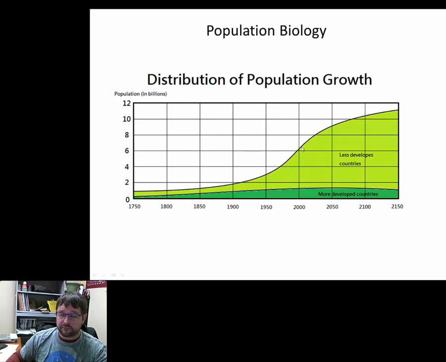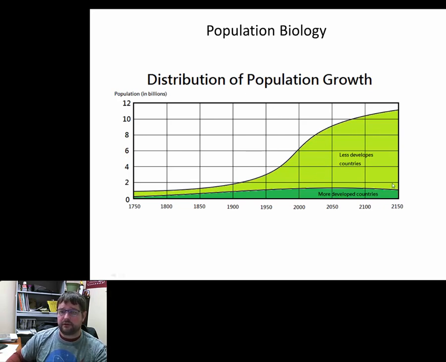As they develop, more than likely they're going to fit into the developed country group, and their population growth will start to decrease because they've created the industry where they don't need labor, and they don't need a lot of children to work the farms or work manufacturing jobs and things like that.